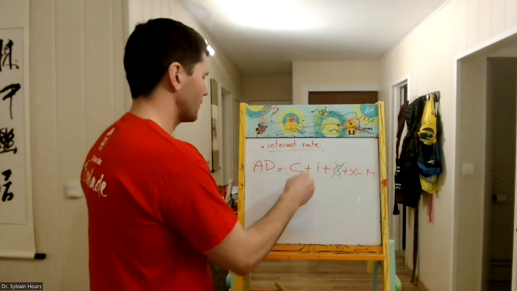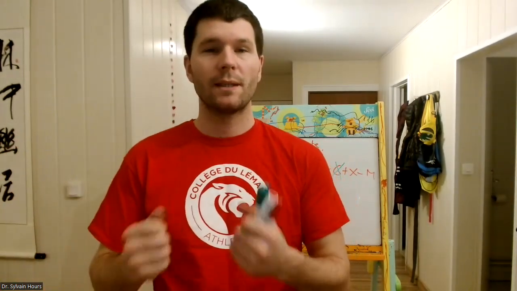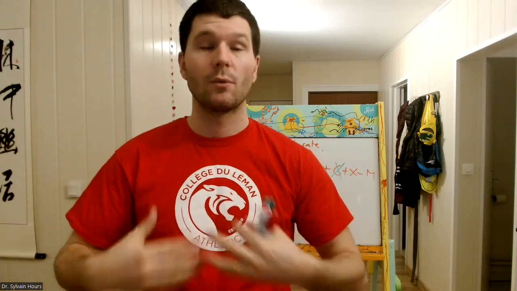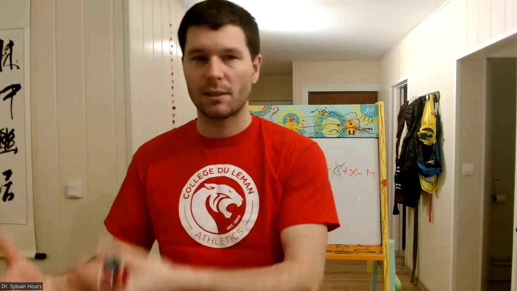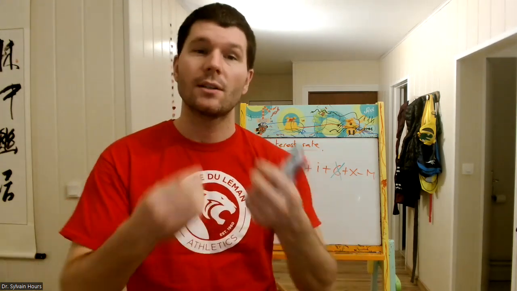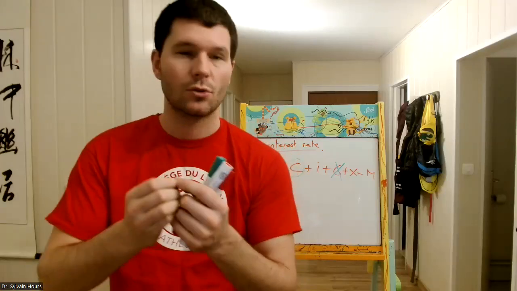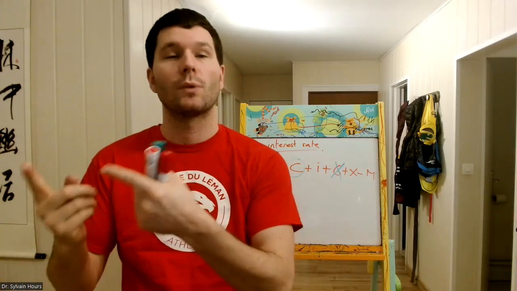On consumption, the effect is quite obvious. If the interest rate is very low, it means that it's cheap for people to borrow money, let's say to buy a house or to buy a car, and therefore they will borrow more and they will consume more. On the other hand, if the rate of interest is very high, it's expensive to borrow, so they will consume less. Also, a high rate of interest will encourage savings, because the interest rate is the cost when you borrow, but it is the reward when you save.